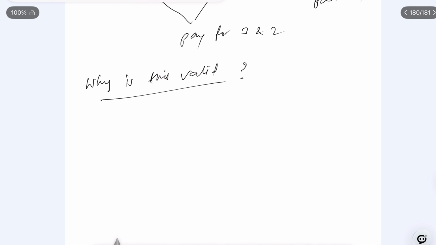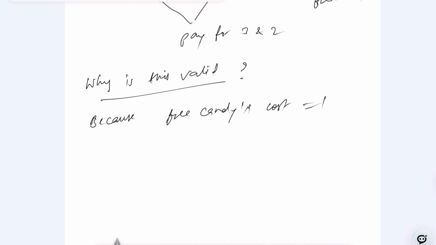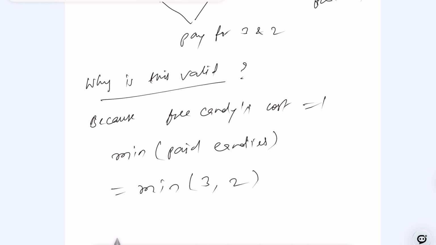Because the free candy cost is 1, and if we take the minimum of the paid candies, which are 3 and 2, we get 2.